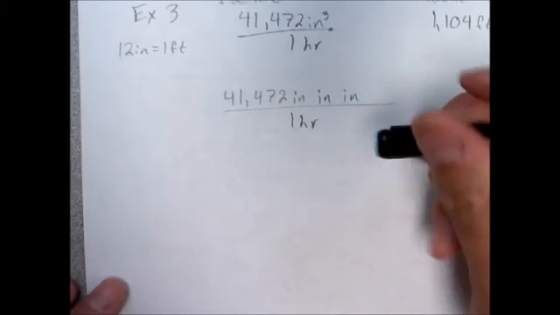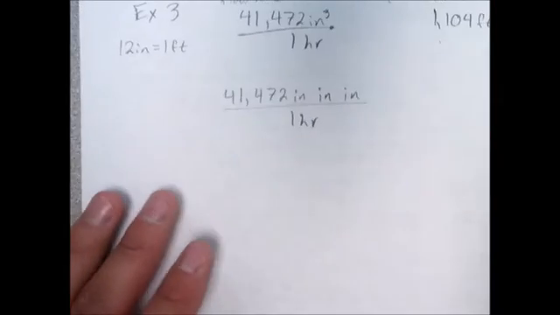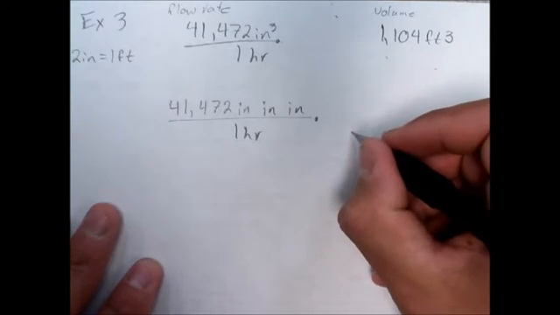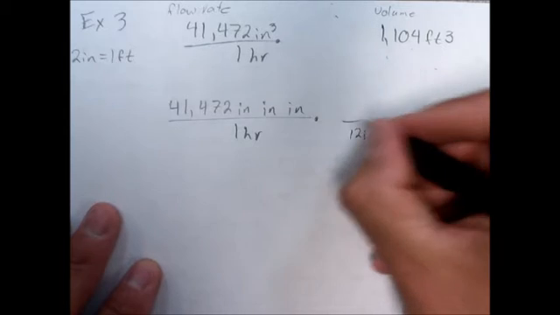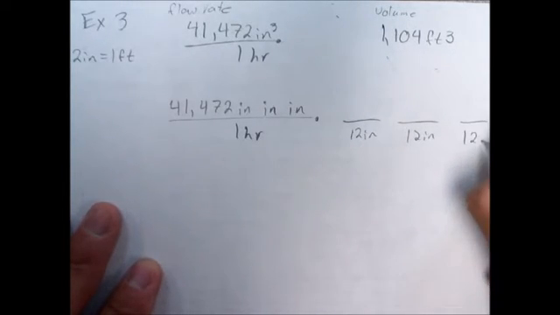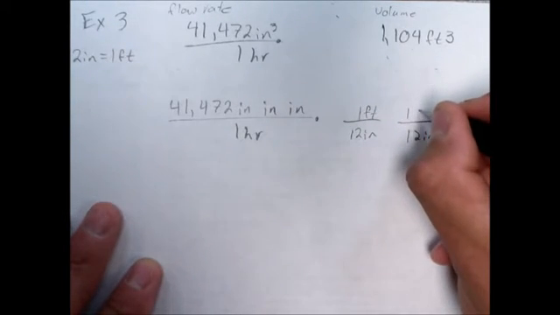I'm going to go ahead and start my unit conversion. Because I have inches happening 3 times, I have to do it 3 times. So my conversion, because I'm going to need inches on bottom, is going to be 12 inches, 12 inches, and 12 inches over 1 foot. Or sorry, 1 foot over 12 inches. I said that backwards.